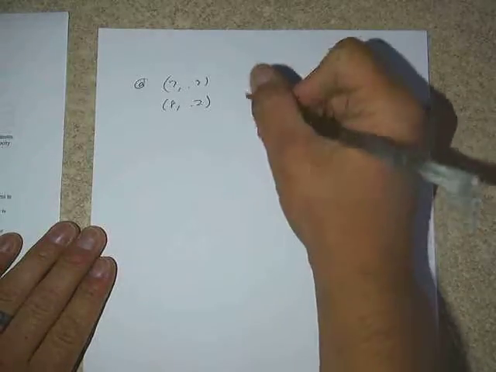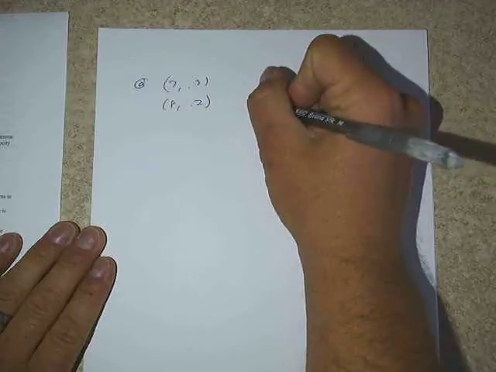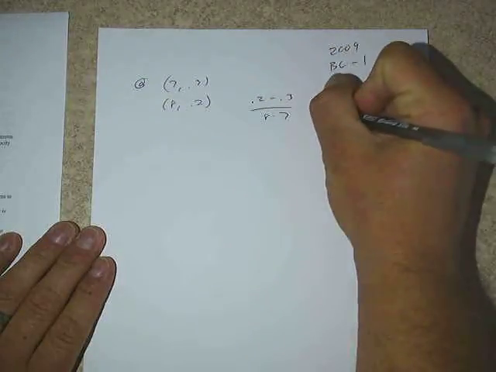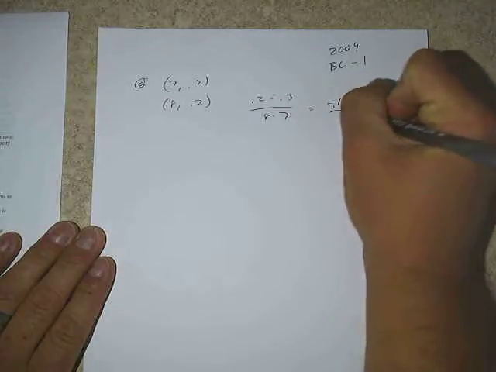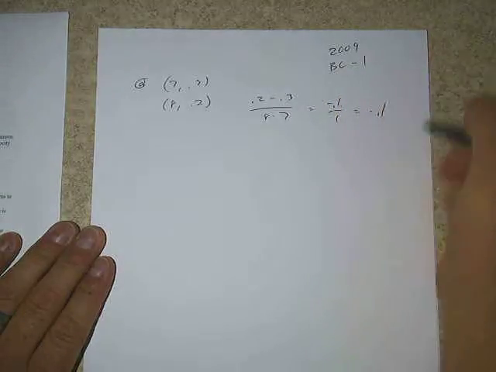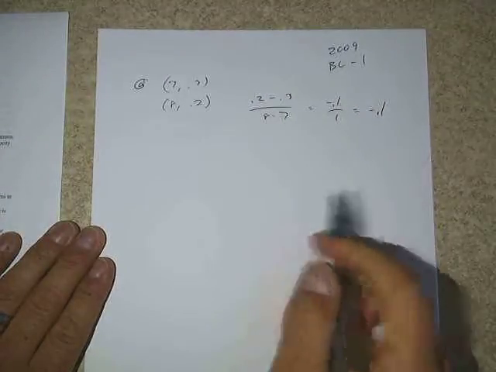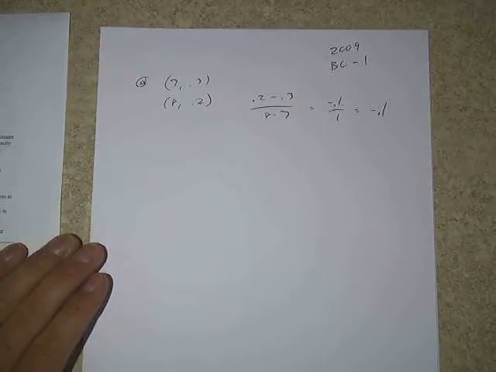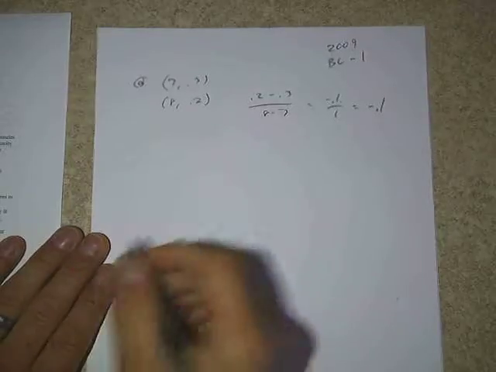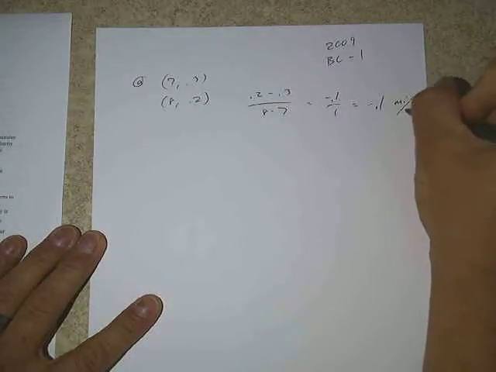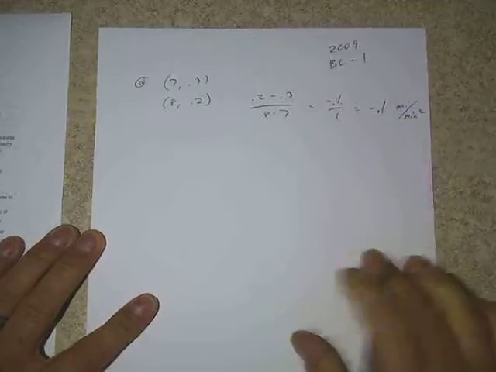So the acceleration would be the change in velocity over the change in time. So 0.2 minus 0.3 over 8 minus 7, negative 0.1 on top over 1, negative 0.1. And indicate units of measure. The velocities here at the top are measured in miles per minute, and the bottom is measured in minutes, so it would be miles per minute squared.